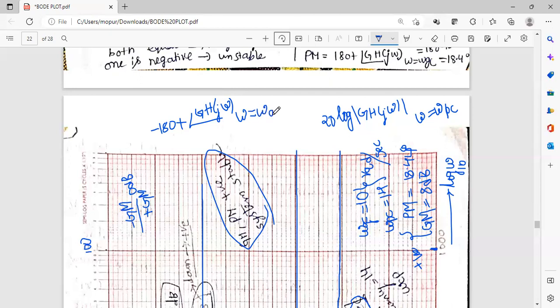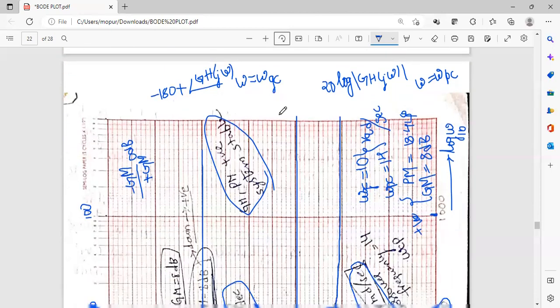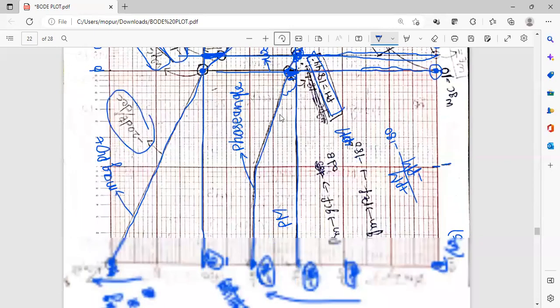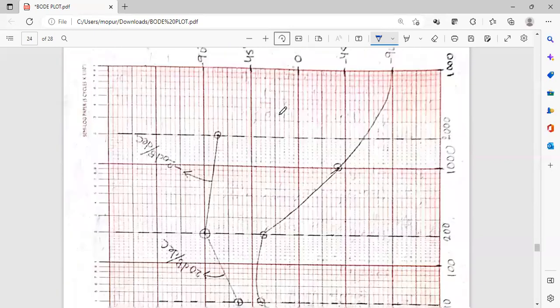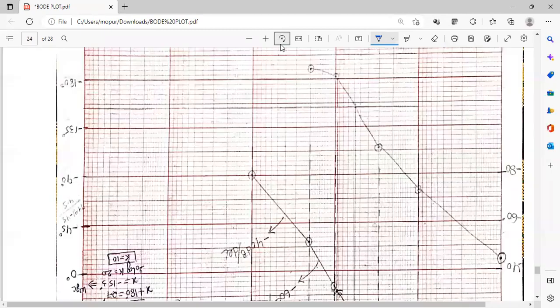Now this is how you should draw the phase angle and magnitude plot, thereby drawing the Bode plot. Now, in some problems, you may get a graph like this.